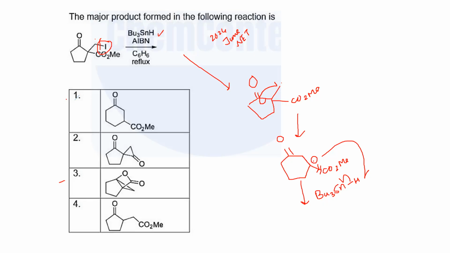So the correct option will be option A. Understood? The correct option will be option A. I hope you have understood. Just give it a few seconds and note it down.